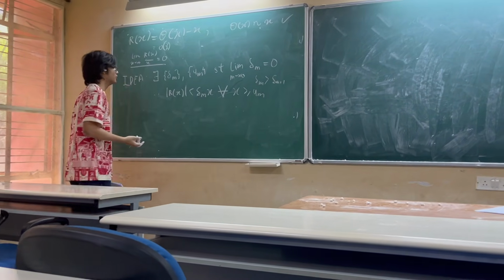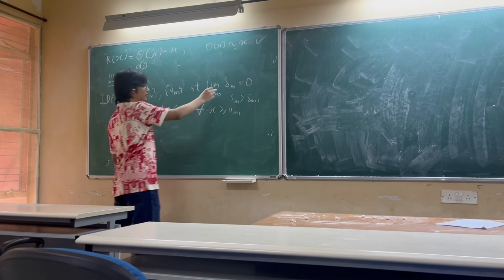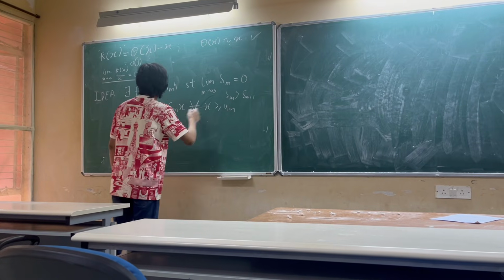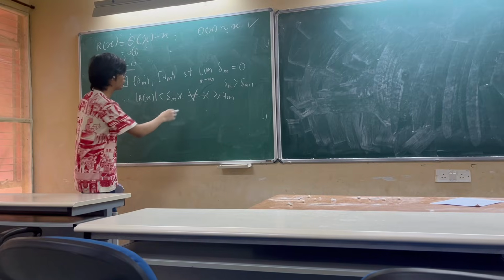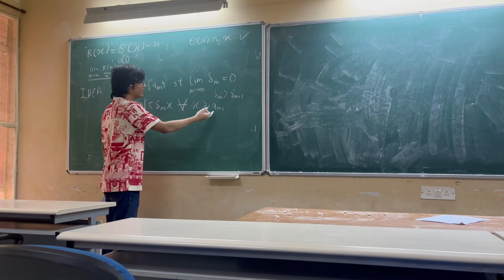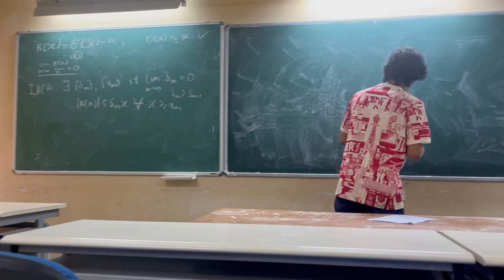So we just need to show that there exist such sequences delta m and u m such that the limit of delta m tends to 0, and the modulus of R of x is strictly less than delta m times x for all x greater than or equal to u m. This is the idea of the proof.